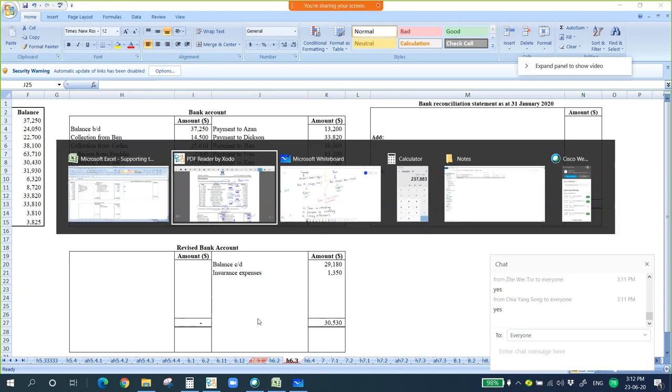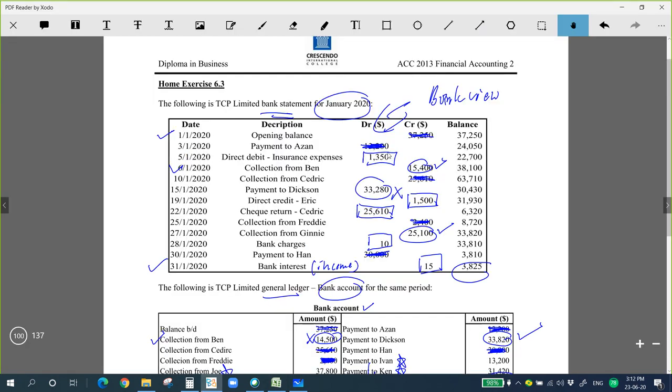Next, the next transaction is this one, right? Payment to Dixon. But this is the error in the bank statement, so we will show it in the bank record later. So this one, direct credit Eric 1,005.